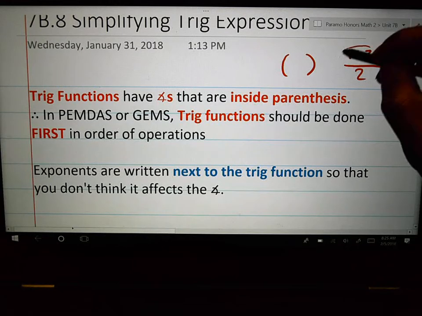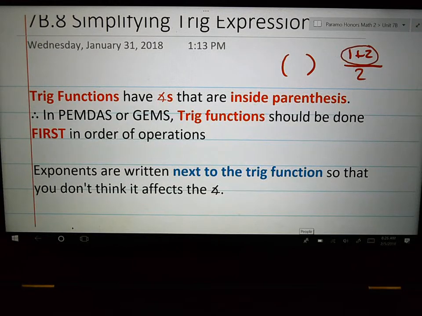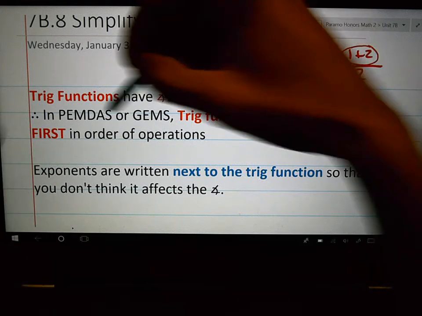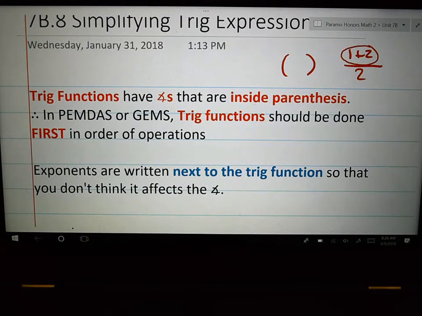This is considered a group, this 1 plus 2. You have to do the group first. Why is it a group? Because of that line. You're saying 1 plus 2 divided by 2, the whole group divided by 2. So keep that in mind. That's why some people like GEMS instead of PEMDAS, just so you know.